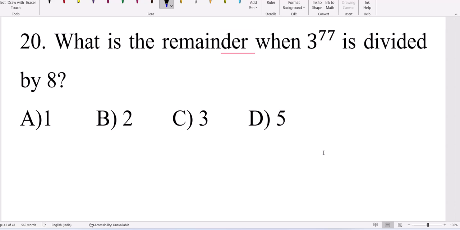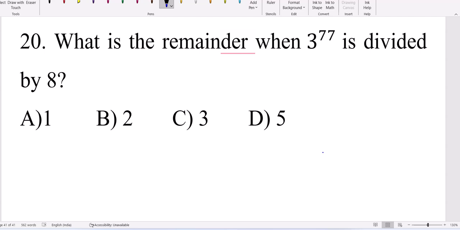Good. 3 is the correct answer. We know 3 square is 9. 3 cannot be divided by 8, so then you write 3 square or 3 cube like that. Which is better is 3 square. 3 square is 9, and 9 divided by 8 is 1 remainder.